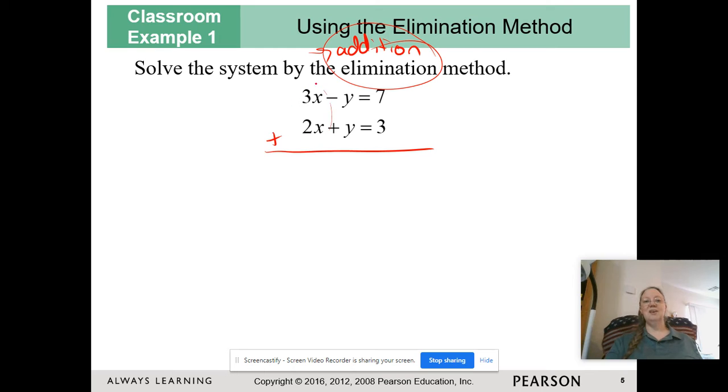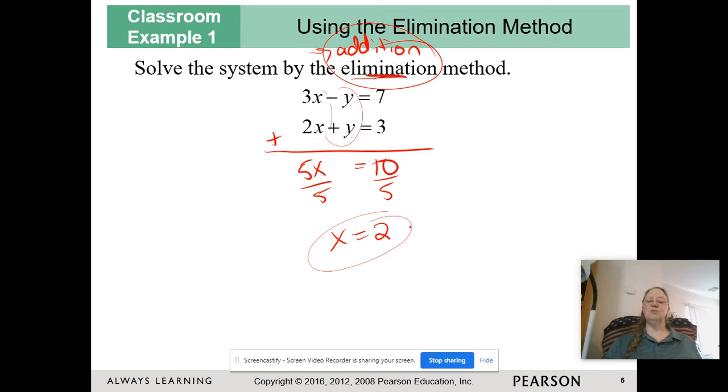So we add the x's together, so I have 5x, and I add the y's together, but notice if I have a negative y plus y, my y's are eliminated, that's why they call it the elimination method, and I have 10, so I divide by 5, and I get x is equal to 2.